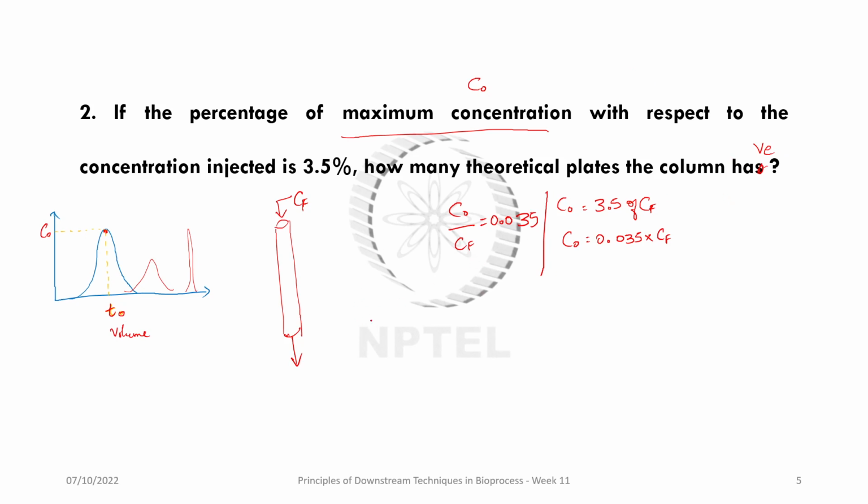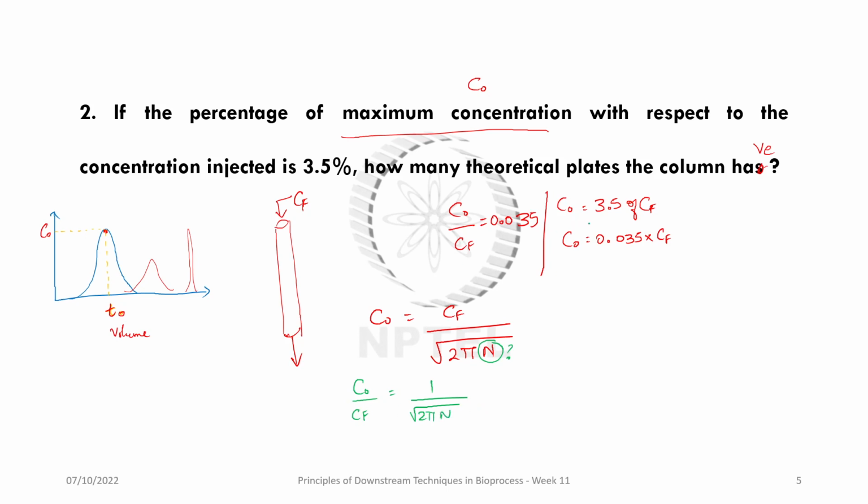Right? So last week we had a formula, C naught is equal to CF divided by root of 2 pi n, where n is the number of theoretical plates. So this is what you want. So what should you do? C naught by CF is equal to 1 by root of 2 pi n.